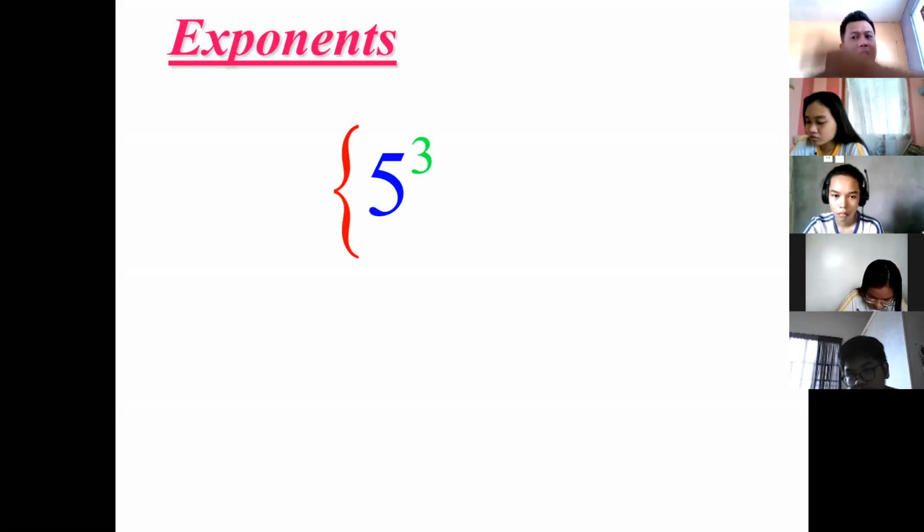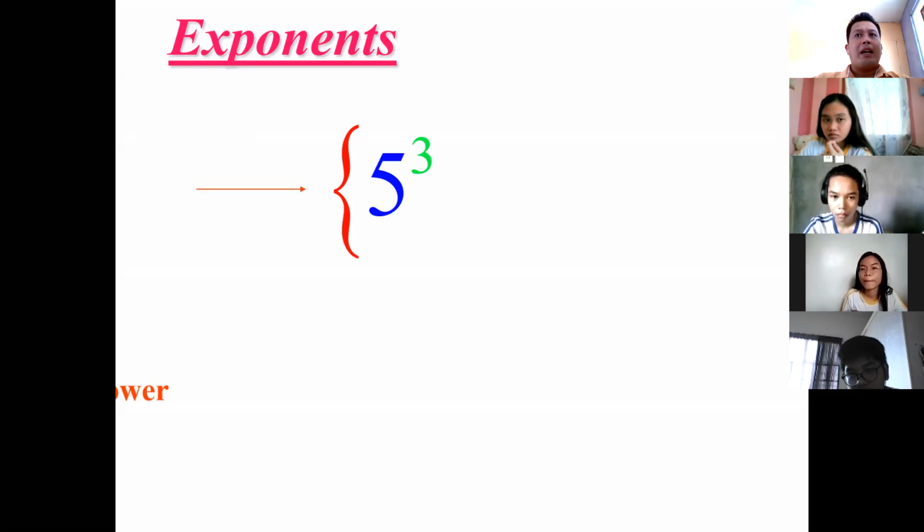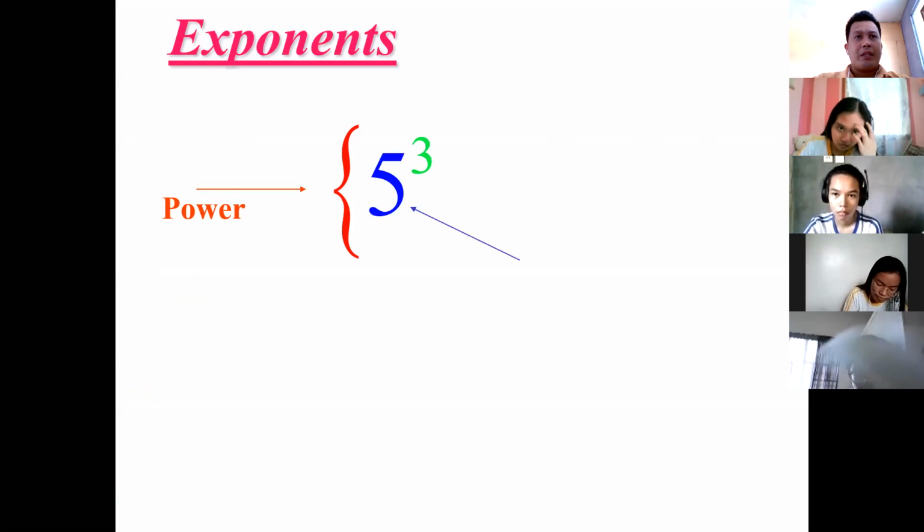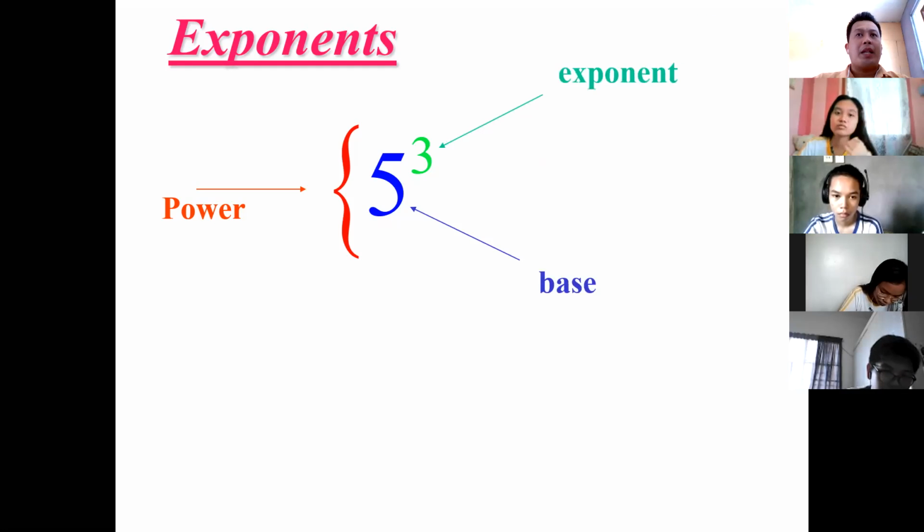In exponentiation, you have the bigger number below and the smaller one above. The one below is what we call the base, and the one above is your exponent.